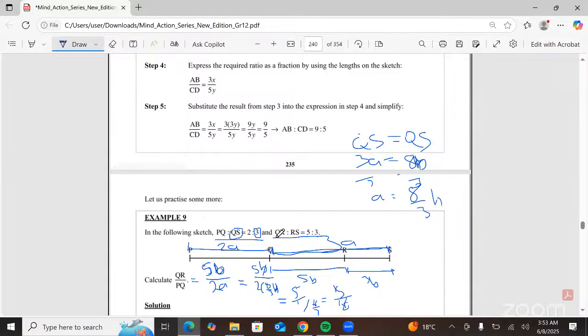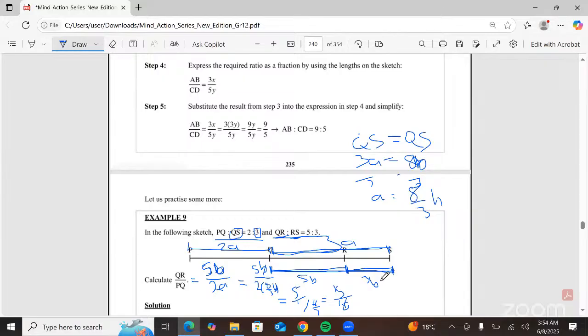We were given QR here, and we moved from Q up to R, that was 5, and then we gave it a variable B, right? Yes, sir. And then we were given RS here as well, from R to S, so that was 3B. Now, do you agree that for this part, QS will be this 5B plus that B?